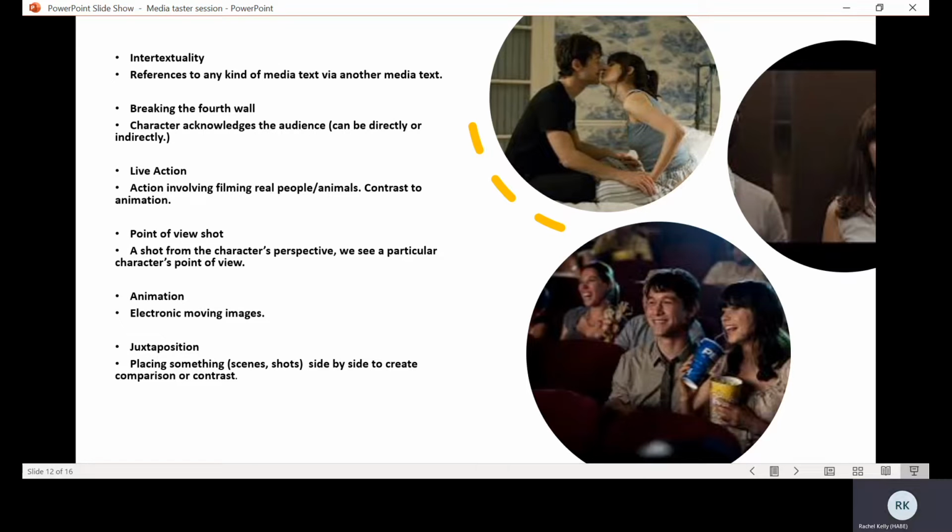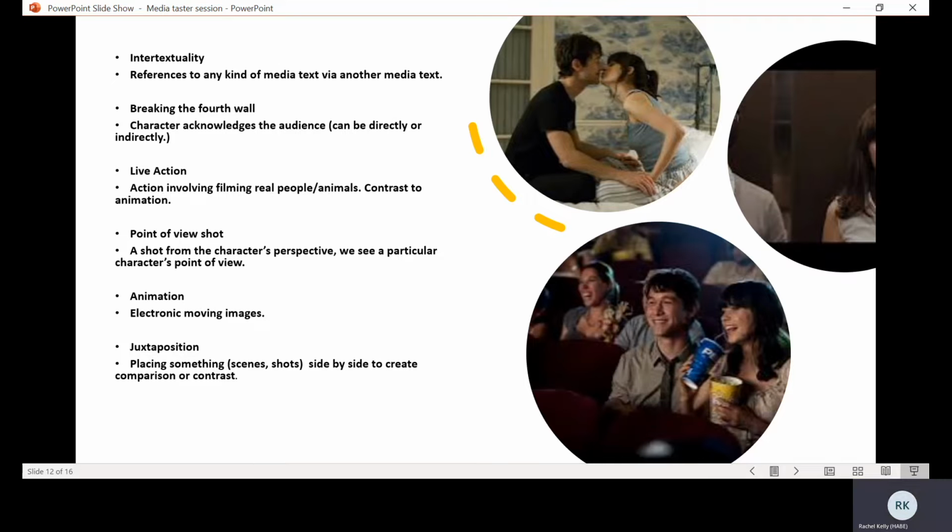Live action. Now, this is just generally people being in scenes. When you see people, most films are live action, of course, unless it's an animation. Then there's a point of view shot. This is a shot from the character's perspective. We see a particular character's point of view. Animation, like I just said, that's opposite to live action.